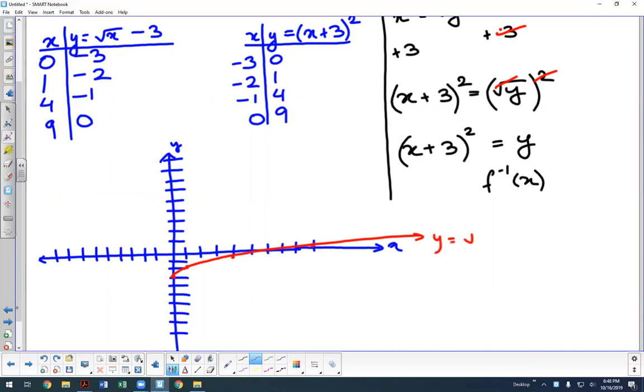So this is our original function, square root of x minus 3. And then our inverse function is starting at -3, 0, -2, 1, -1, 4, and then of course 9 for the y-intercept. It should look like that.